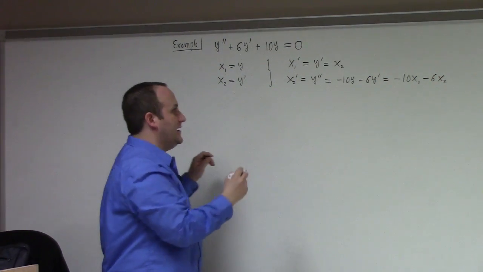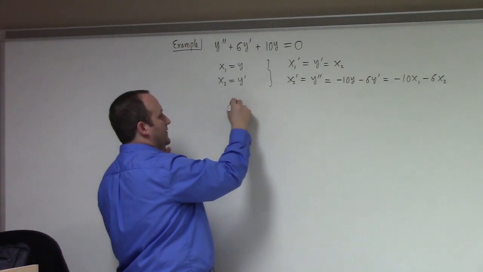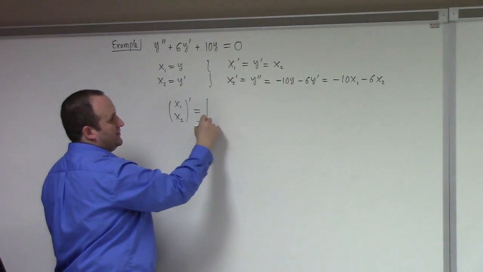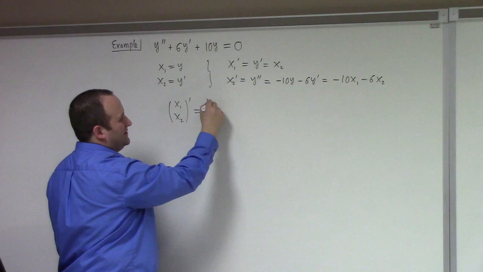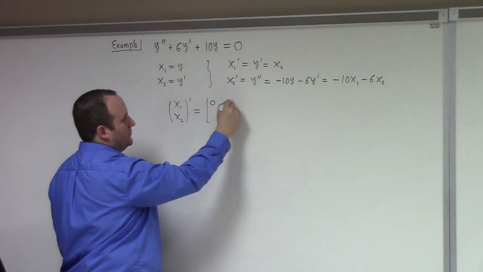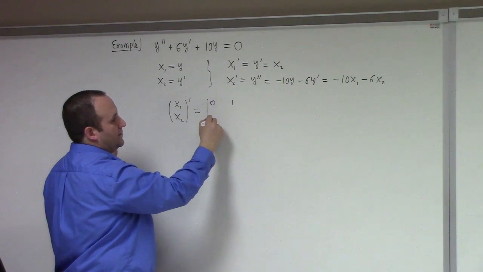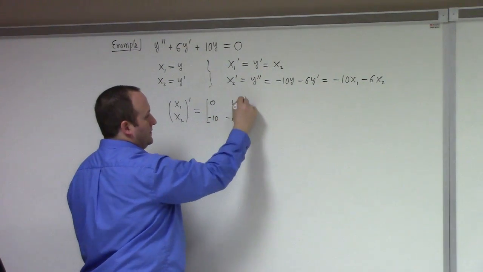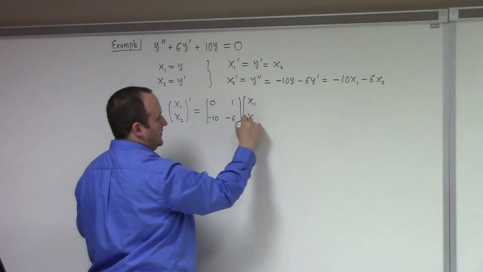So what we really have here is a system of two first-order differential equations with a 2 by 2 coefficient matrix of [0, 1; -10, -6] times [x1, x2].